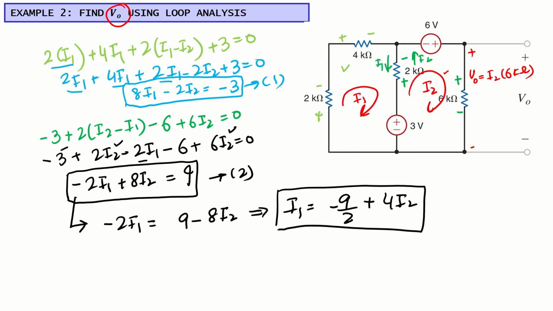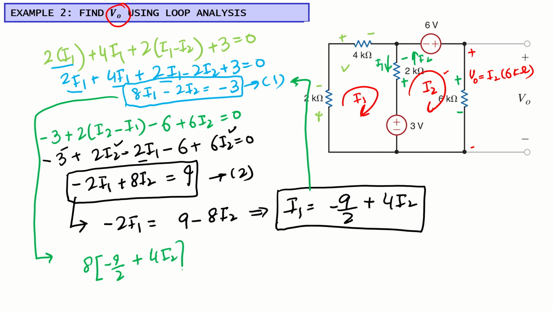This is basically using substitution. So we got I1 from equation 2, and let's put it in equation 1. Then 8 times I1, where I1 is minus 9 over 2 plus 4 times I2, minus 2 times I2 is equal to minus 3.